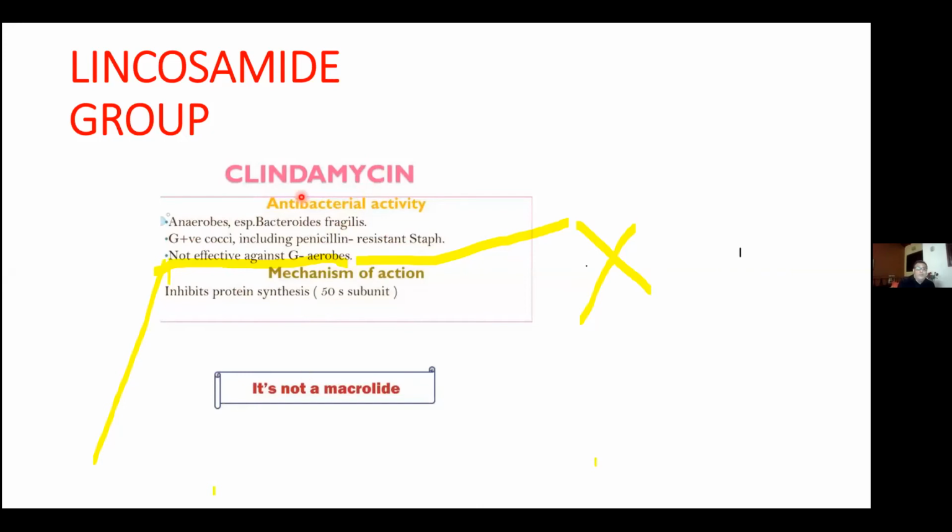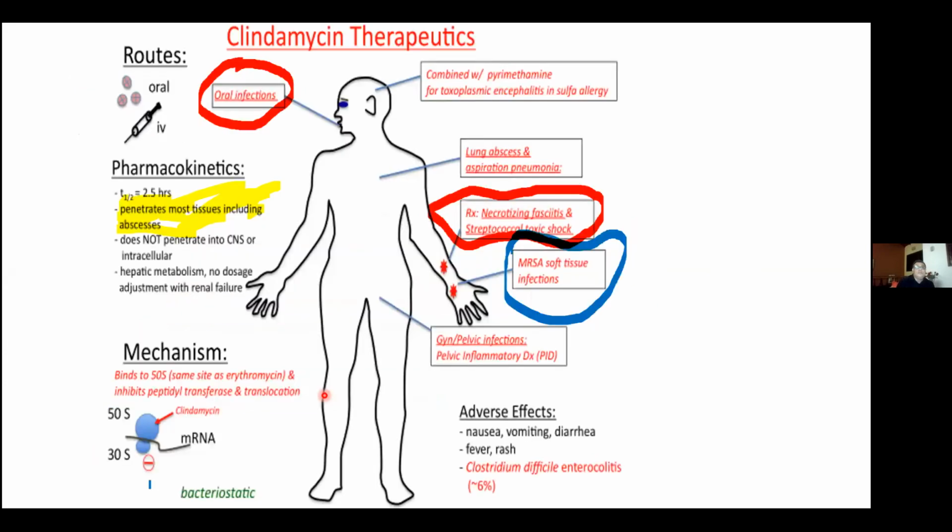So remember, although the name has mycin, it doesn't belong to the category called macrolides like erythromycin and azithromycin. So don't get confused with that terminology. Clindamycin clinical uses: like ciprofloxacin or the quinolones, it penetrates well into the soft tissues, hard tissues, as well as the infected tissues.